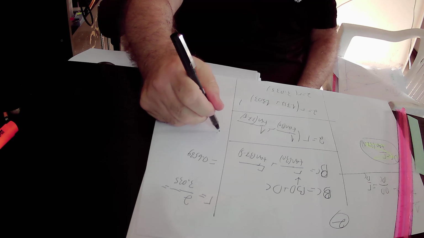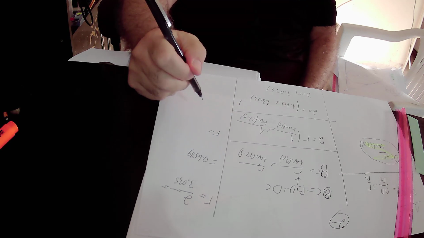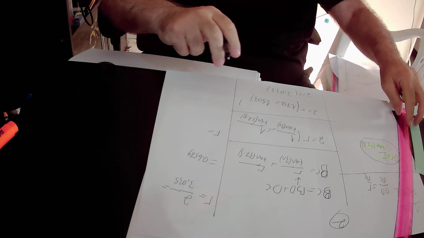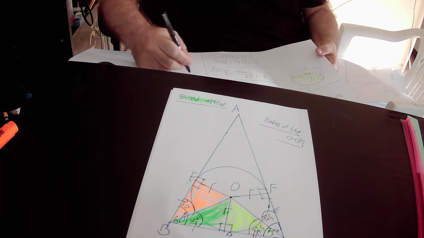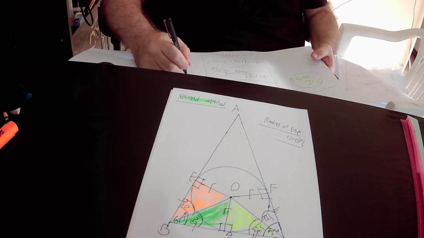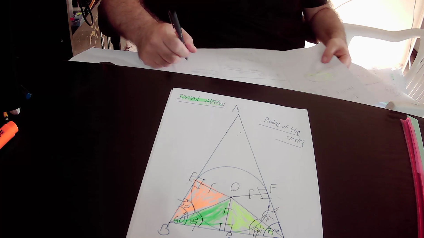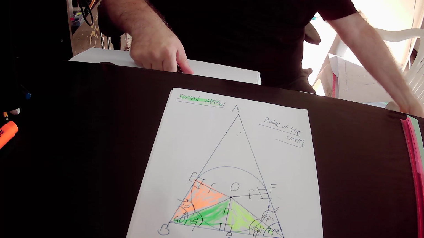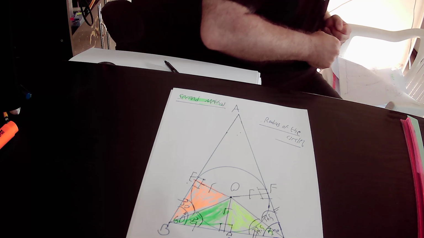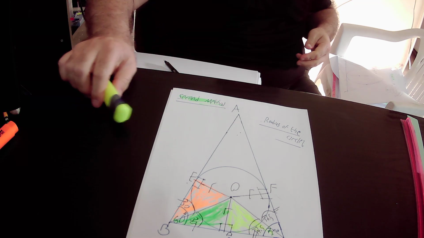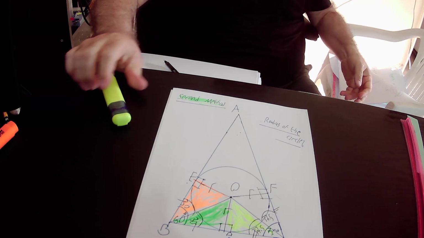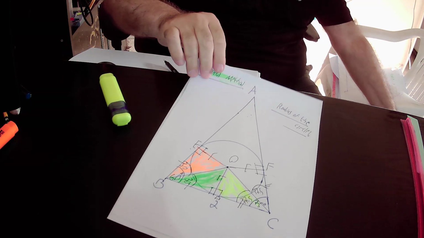So actually in both methods we found out that the radius of this circle that is inscribed by triangle ABC equals 0.6589 units. So we actually finished with the first method.